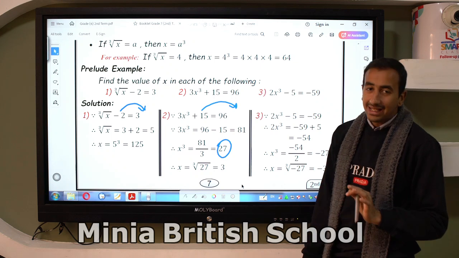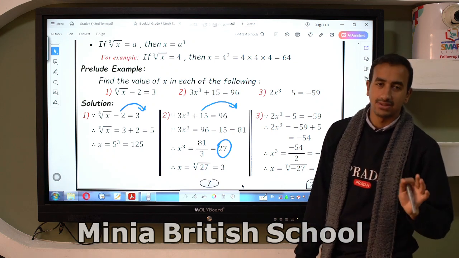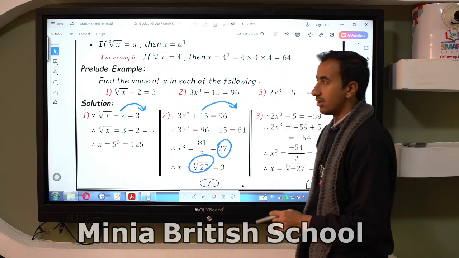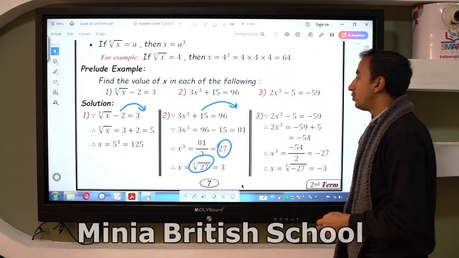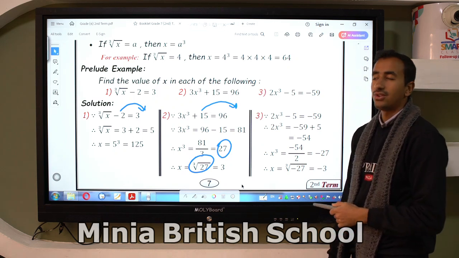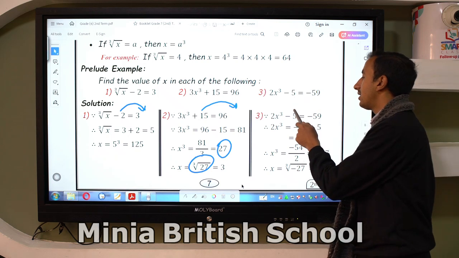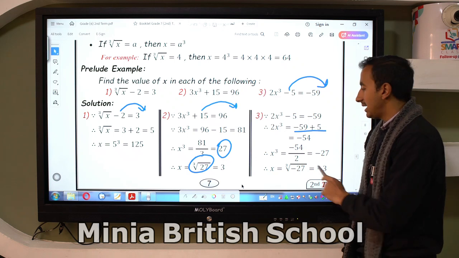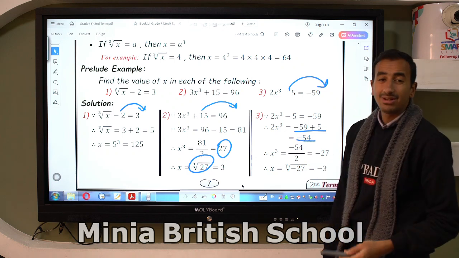The cube root of negative 27 is negative 3. Be attentive with cube root or square root. Another example: 2x power 3 minus 5 equals negative 59. You can move negative 5 to the other side by adding positive 5. It will be negative 54. 2x power 3 equals negative 54.